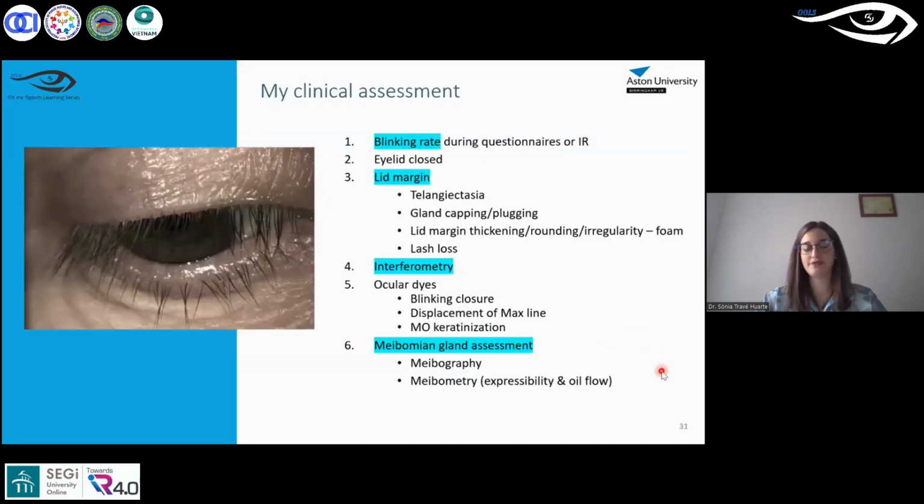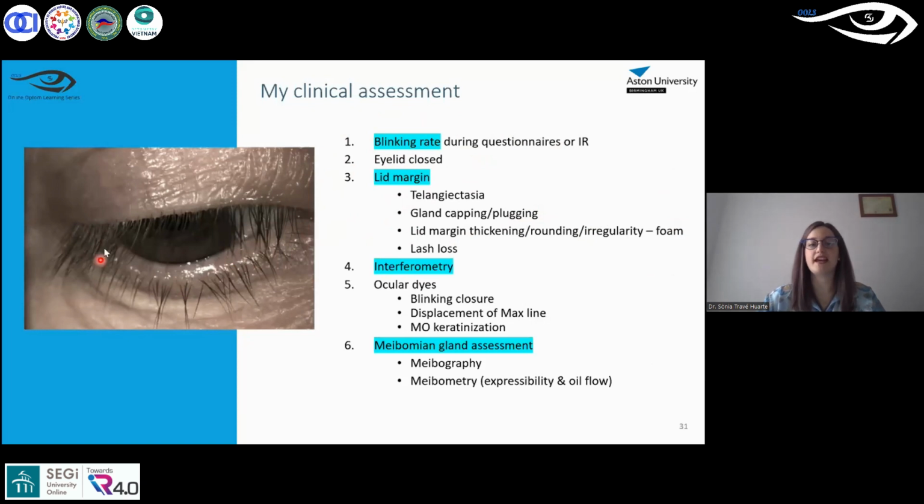So this is what I do. It doesn't mean that this is the right thing, but once I've diagnosed everything, I want to go into a lot more detail about all of these things. What I've marked here are the things that are very important to me. Specifically when looking for Meibomian gland dysfunction, I want to look at the blinking rate. I'll tell you why in a second. Then I always tell them to close their eyes or look down, and I look at that lower lid margin.